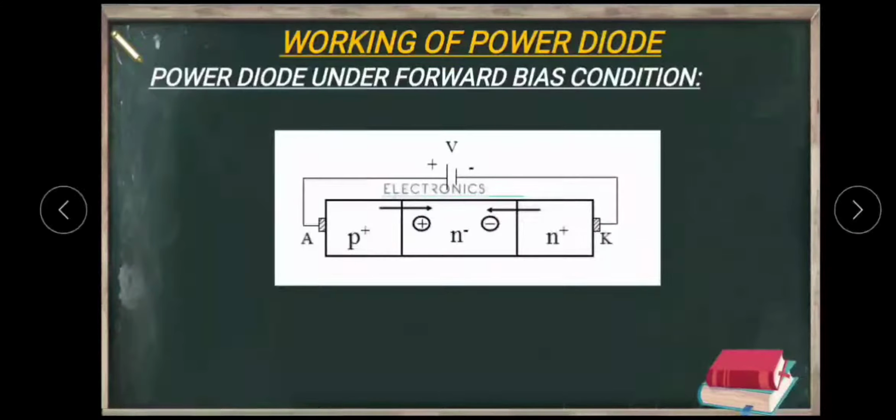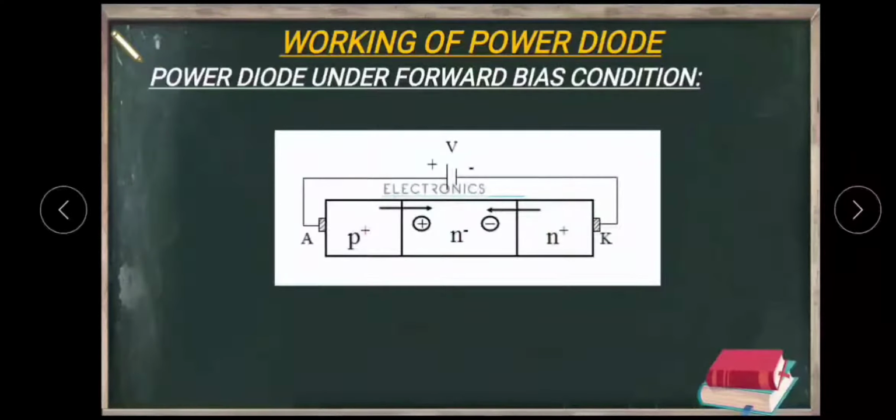It's very simple. The P plus region is connected to the positive terminal of the battery, and the N plus region is connected to the negative terminal of the battery. Then the diode is said to be forward biased. When the power diode is forward biased, holes from the P plus region move into the N minus region and combine with electrons present there. The injected holes are large, so they even attract electrons present in the N plus region.